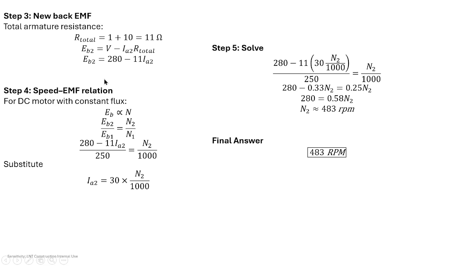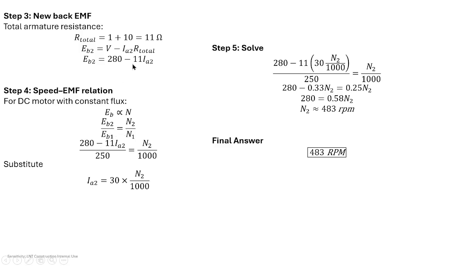So we can find the value of Ia2 with the help of E is directly proportional to N. Why is E directly proportional to N? Think that in the previous solution we have mentioned that E is equal to K phi N. So E is directly proportional to N. That's why Eb2 by Eb1 is equal to N2 by N1.